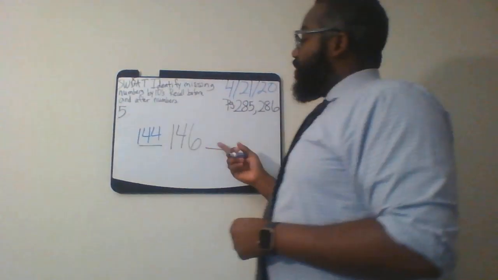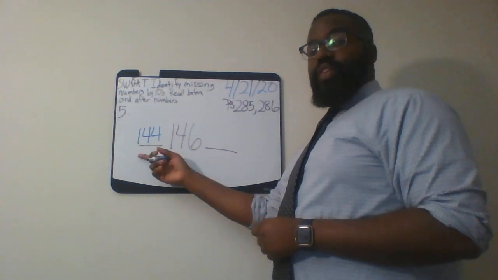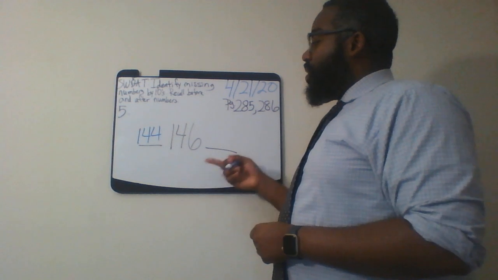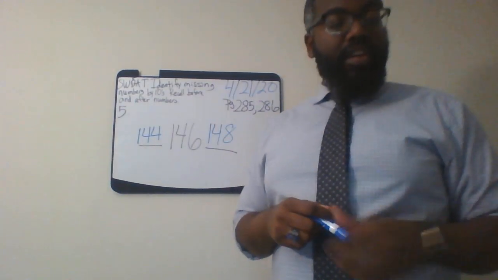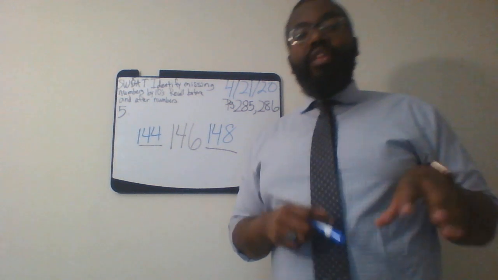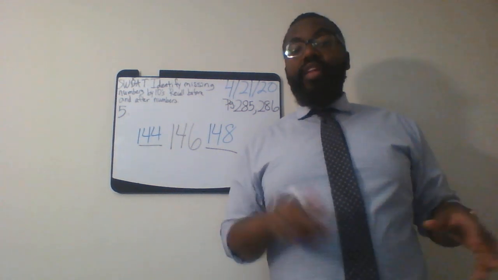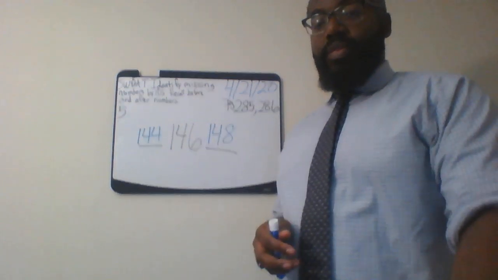So what comes after 146? We have 144, 146, 148. There we go. That's how you solve number 5. So you look at the number that they give you for number 5, and you write the before and the after numbers, but by 2.